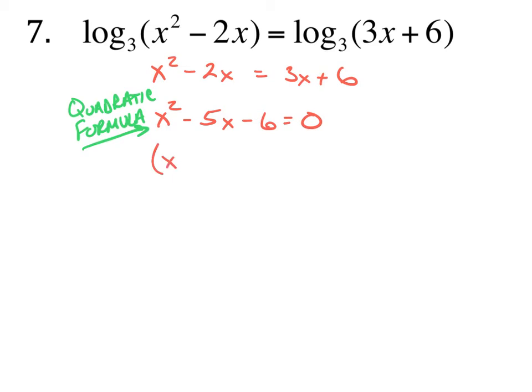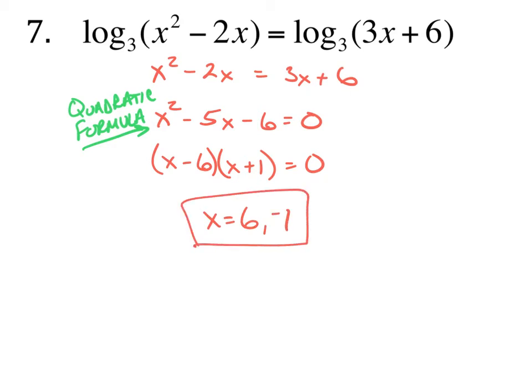The other thing you could do is factor it. Things that multiply to -6 and add to -5 are -6 and +1, which means our x values are 6 and -1. And if you plug either of those two numbers back into the logs at the beginning, you'll find that neither one of them is going to cause a problem with the whole negative issue that we dealt with in the last problem.